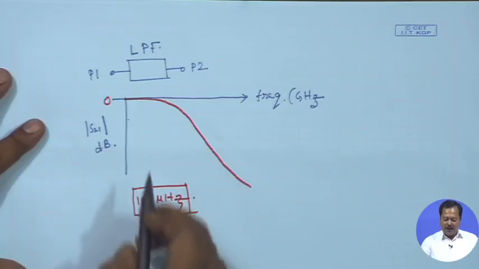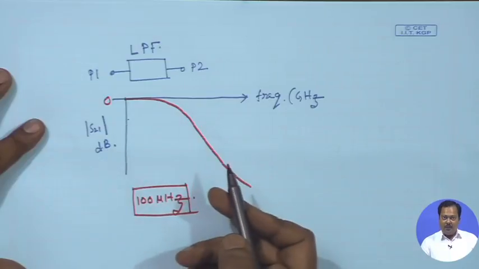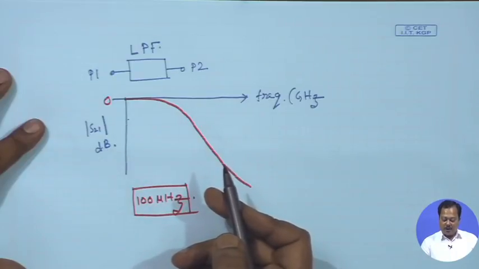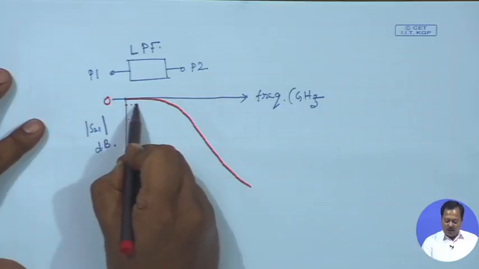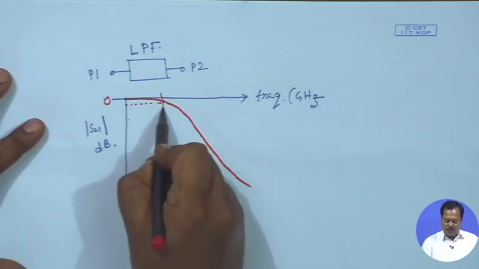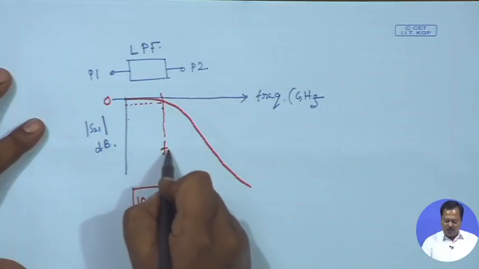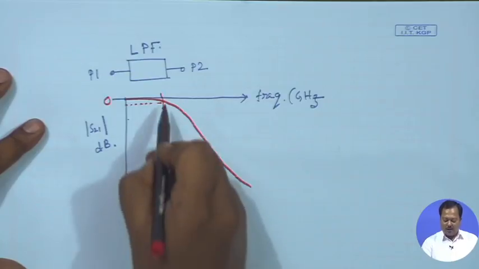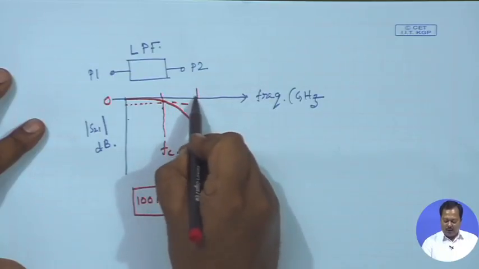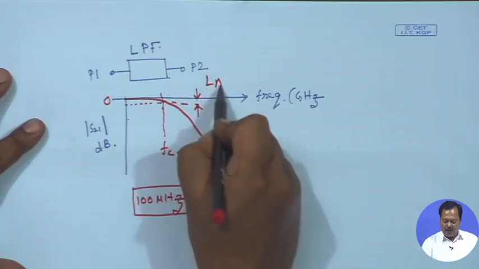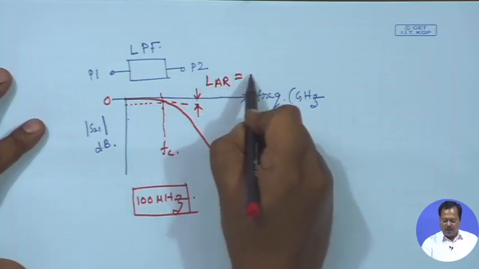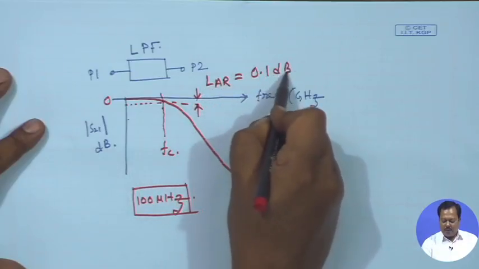So, we can define LAR, let us say 0.1 dB or 0.01 dB, and it should have at least a minimum value Fc of 100 megahertz. So, we define LAR equal to, let us say, 0.1 dB.